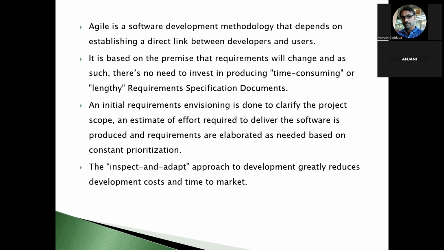Okay, so now if you see here, Agile is also a software development methodology like the waterfall model, where it gives a direct link between the developers and the users. The users are the business users who are working at the client place. Earlier in the waterfall model, we never mentioned an interaction between the developer and user.